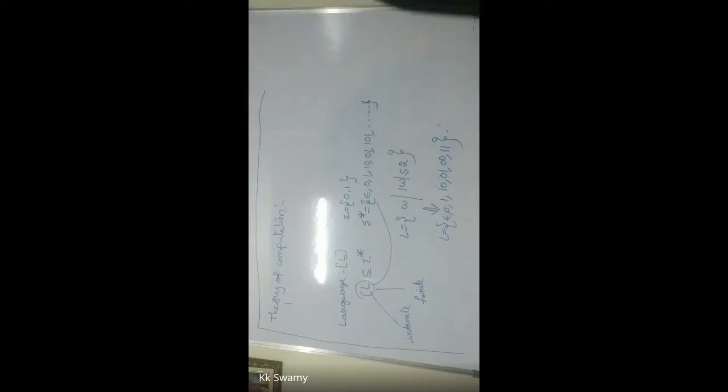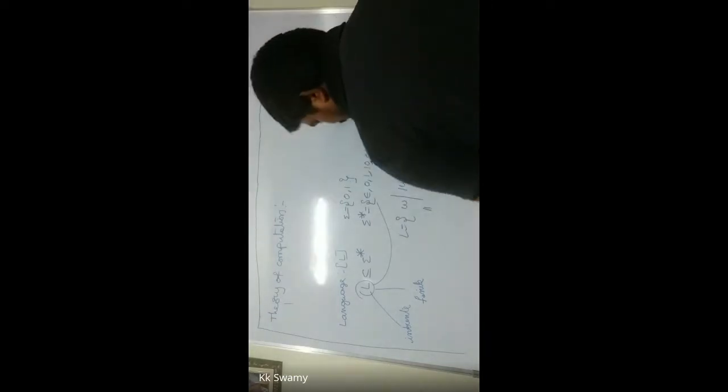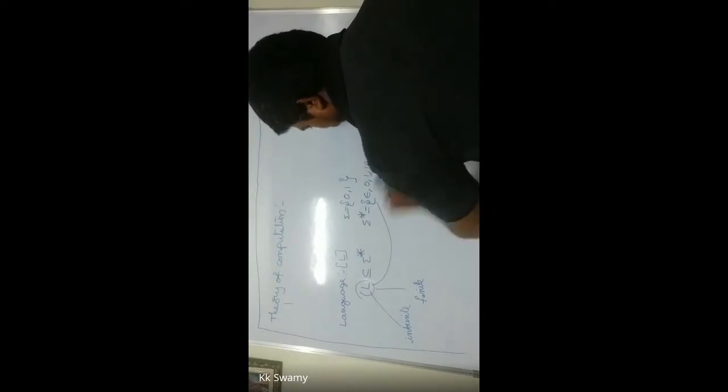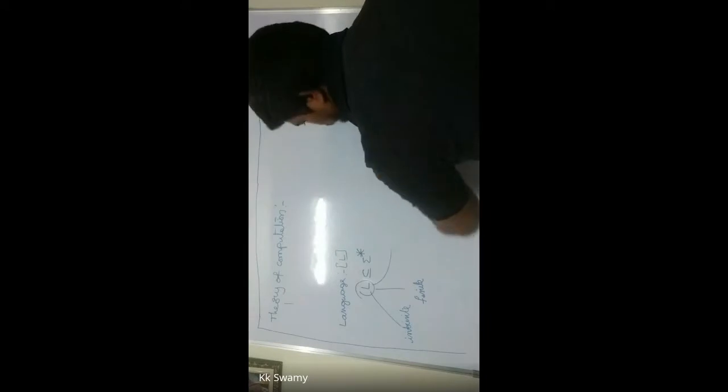Now I am going to design models. Before designing a model, you should understand the structure of the model, and then you will start designing NFA and DFA. First, finite automata.